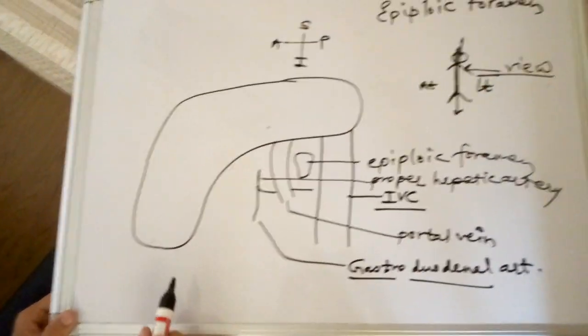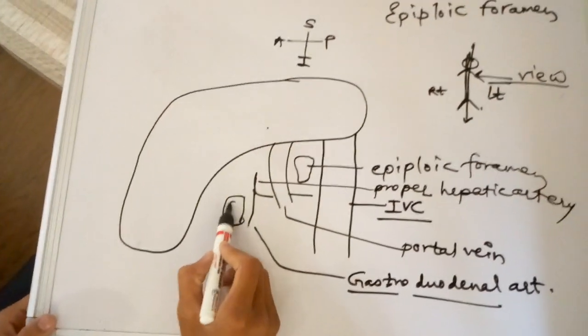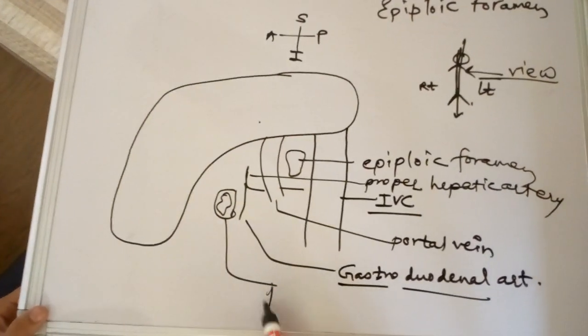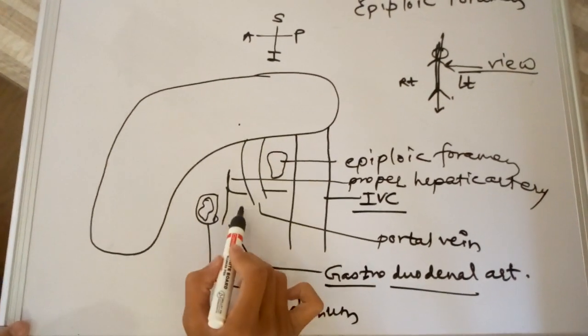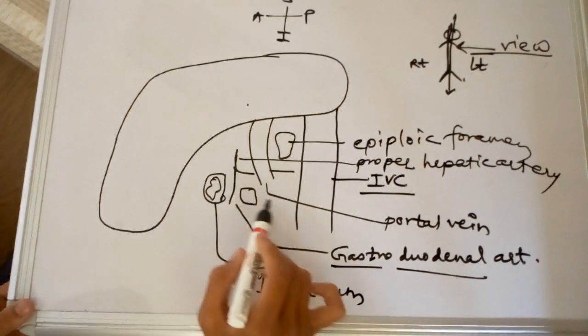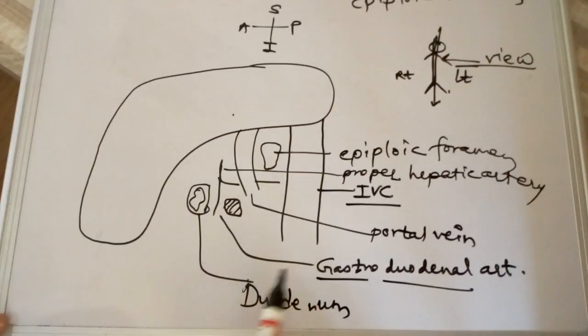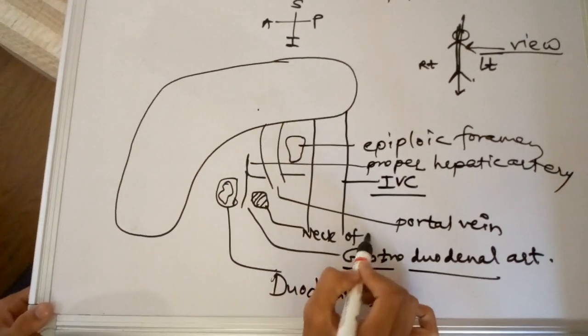And then next we have the duodenum. And here somewhere you have the head of the pancreas, or more precisely the neck of the pancreas.